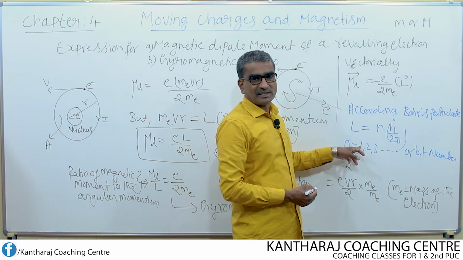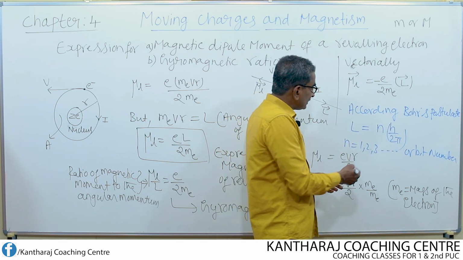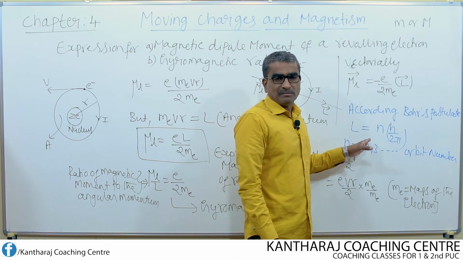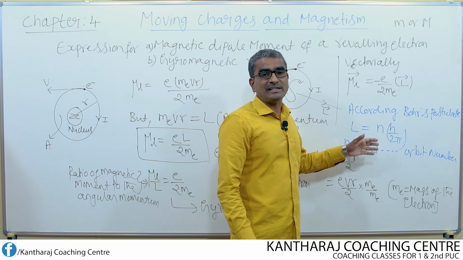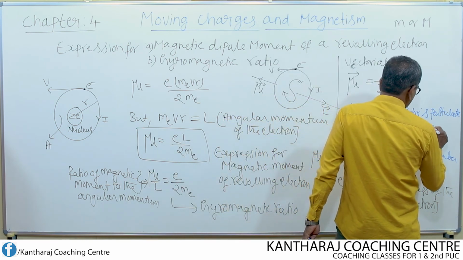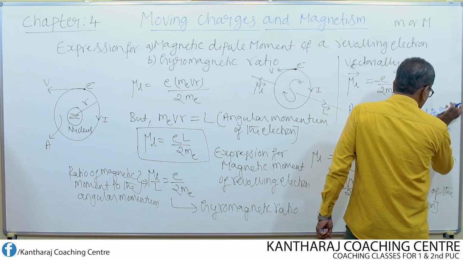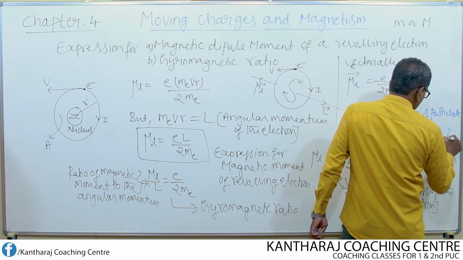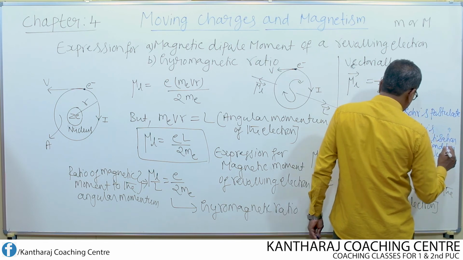First orbit means first energy level, second orbit means second energy level, and so on. This is Bohr's postulate, and it is also known as Bohr's quantization condition or Bohr's quantization rule.